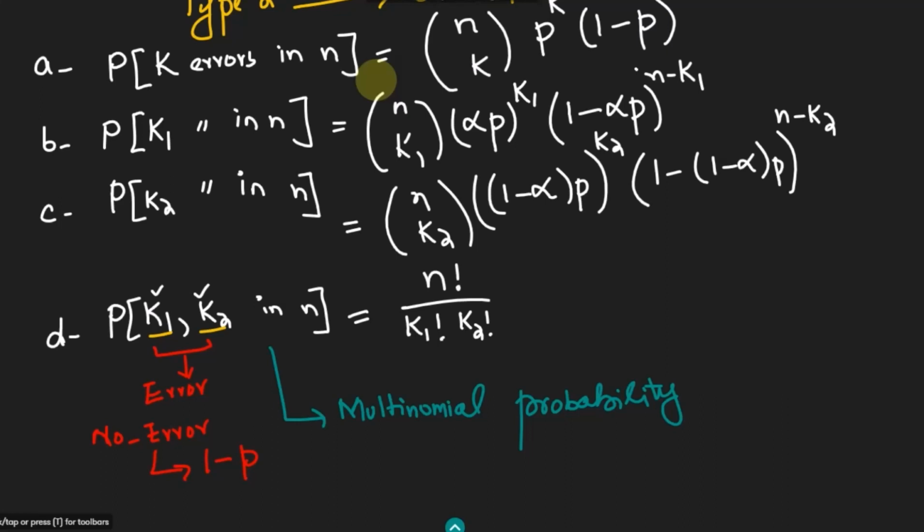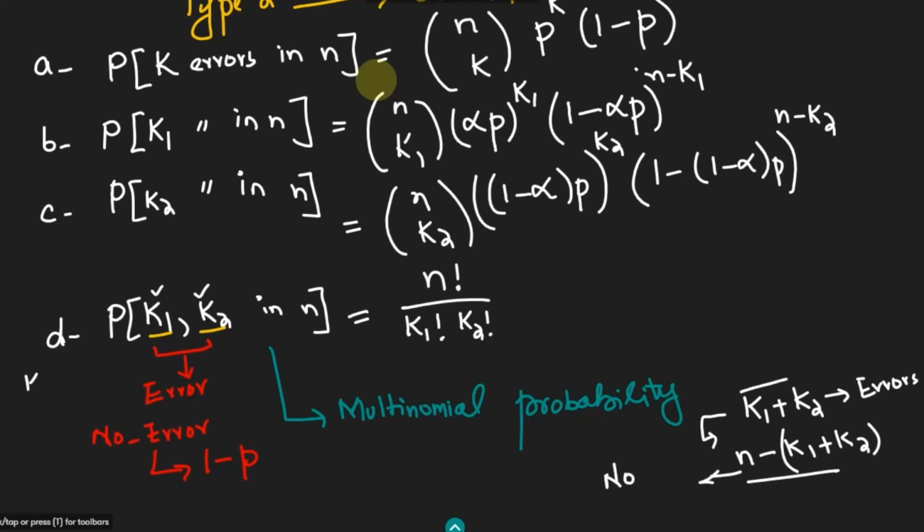Here k1 and k2 are the errors, so the terms which are left will be of no error. To find it, we subtract these terms from n, so I get n minus (k1 plus k2), and the factorial of it.